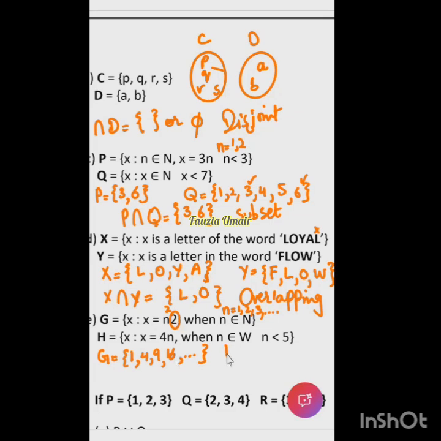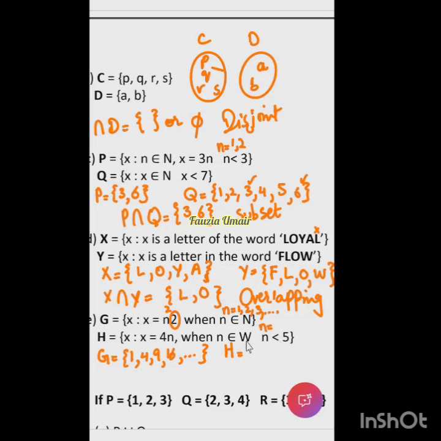So now what is H? H is X such that X is 4N, where N belongs to W and N is less than 5. So what are the values N will be getting?